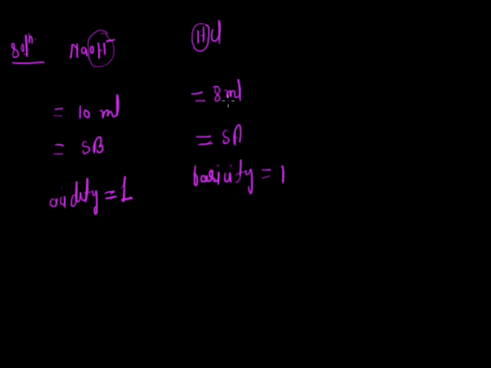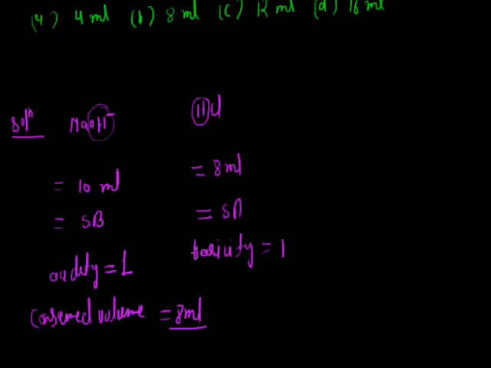So if we have 8 ml of HCl, then for the complete neutralization reaction we require only 8 ml of NaOH solution. Although we have 10 ml of NaOH solution, 2 ml will be extra. So the consumed volume of NaOH for the complete neutralization reaction will be 8 ml.